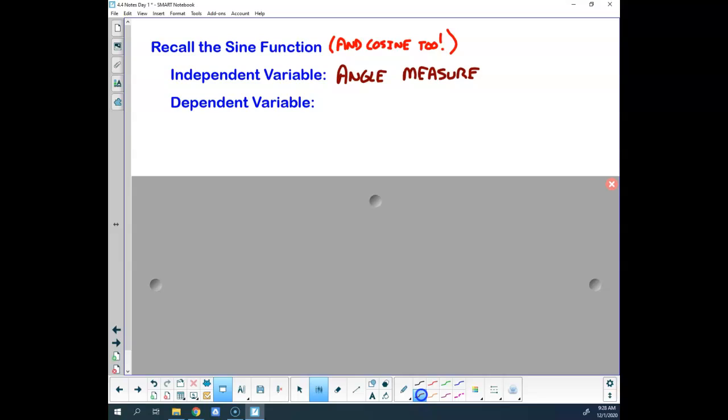The output, the dependent variable, has just been a number. So we put in an angle, we get out a number. Okay?